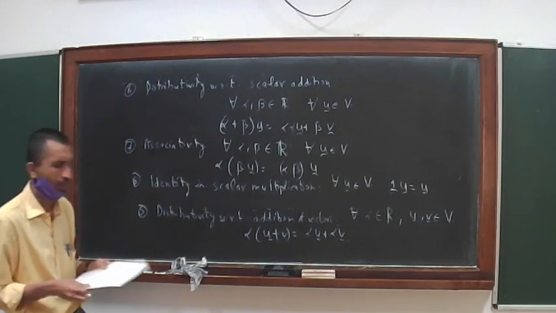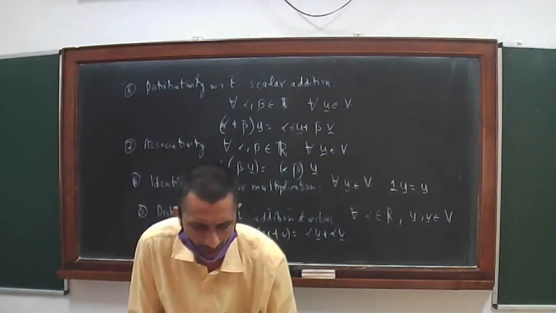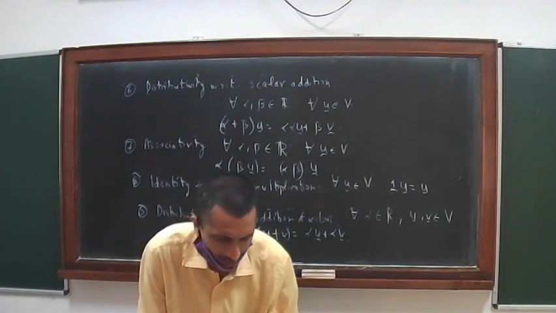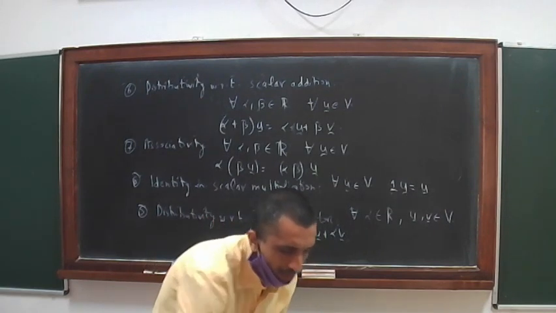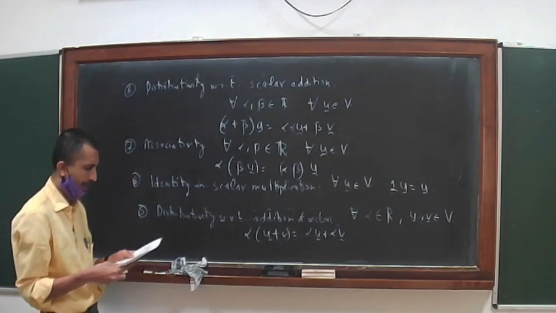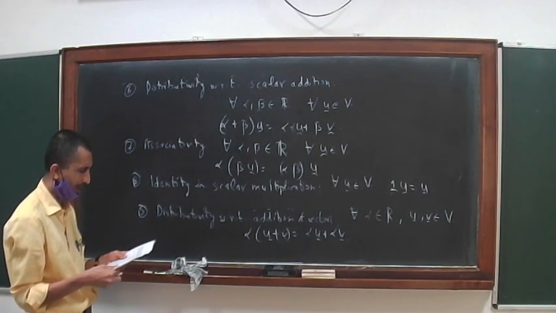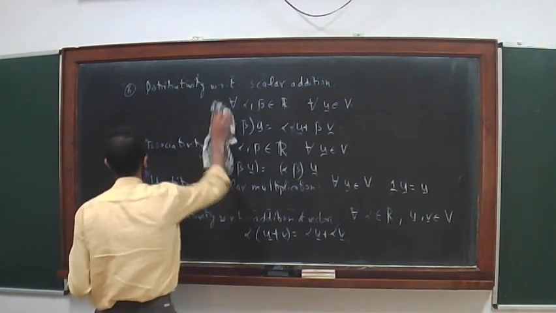As simple as that. As I said, this is a very abstract concept, but we will give some examples, and then things will become much more clear. So let us look at some examples now.